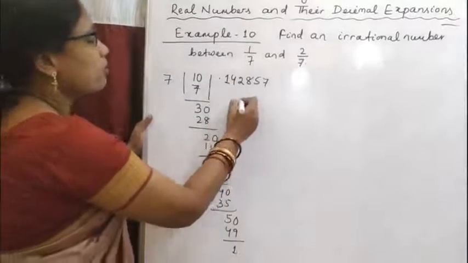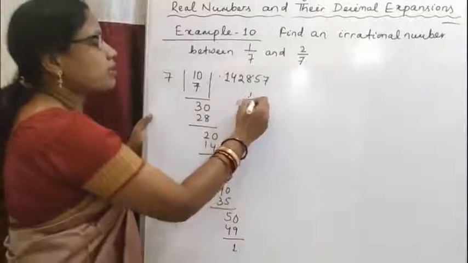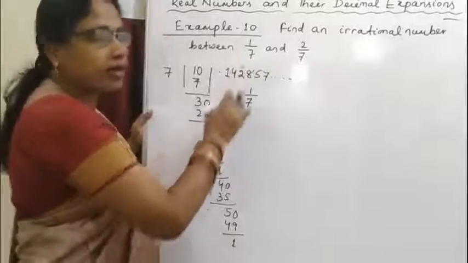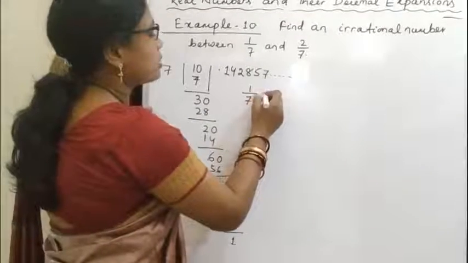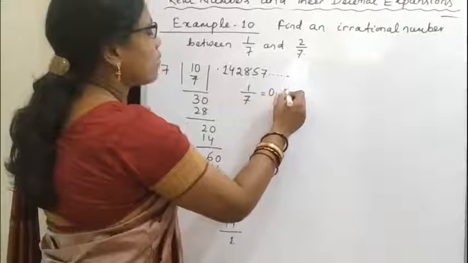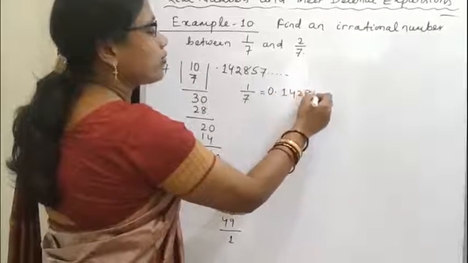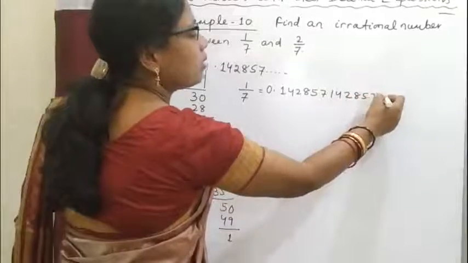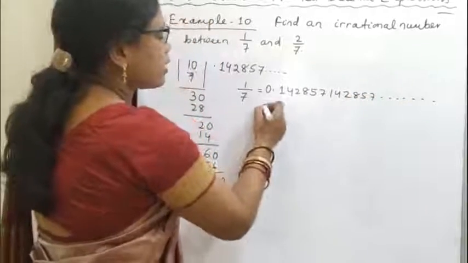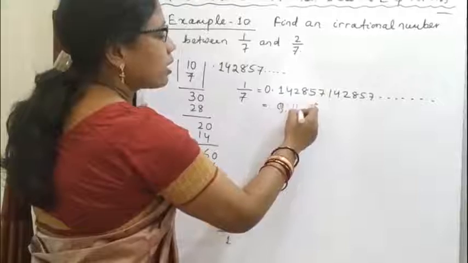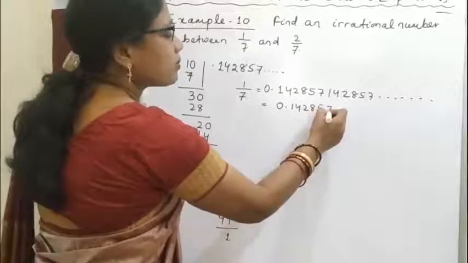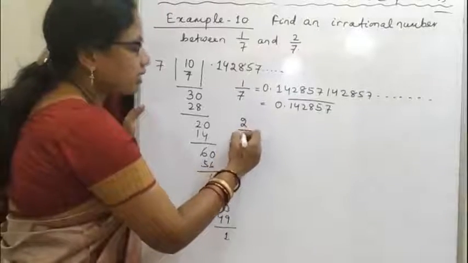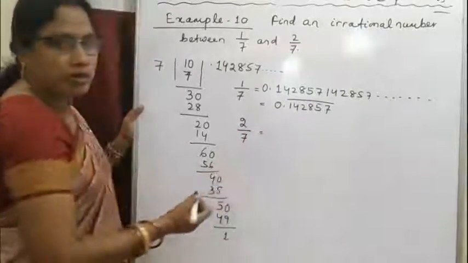So the decimal expansion of 1 by 7 is a non-terminating recurring decimal number. So this is equal to 0.142857, 142857 to infinity. So that can be written as 0.142857 bar.